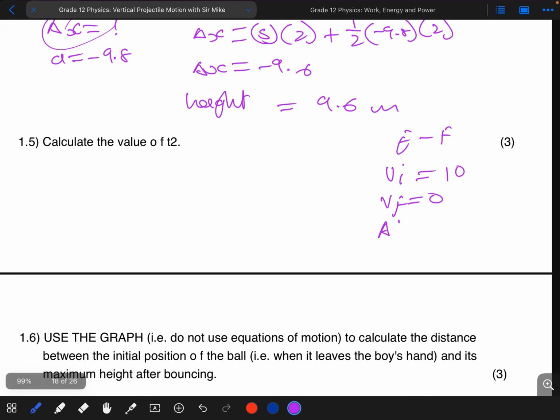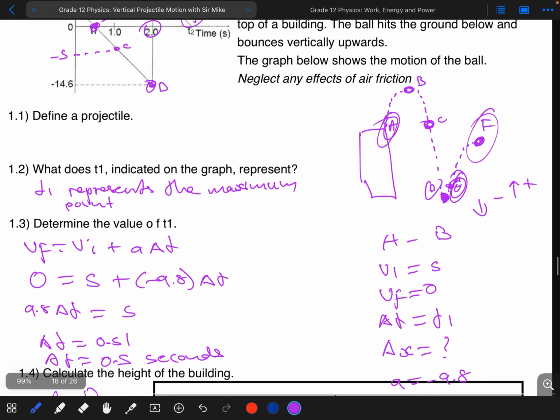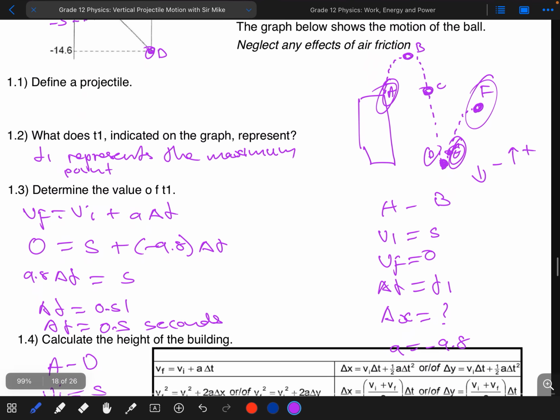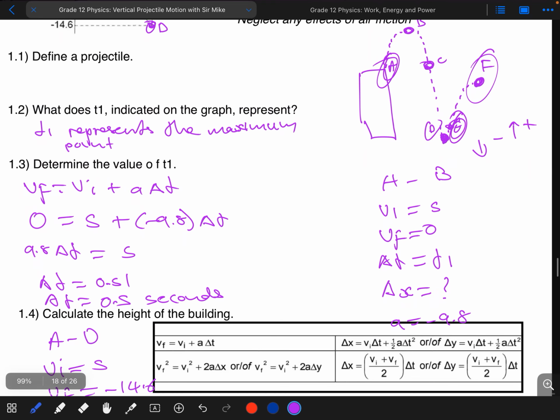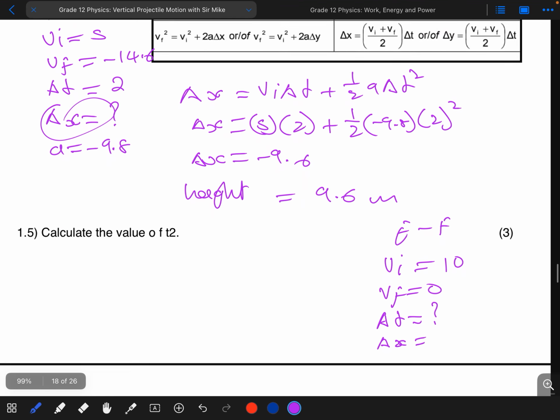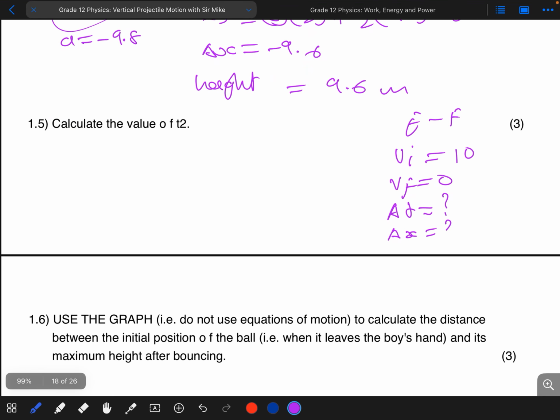Delta t is what we're looking for, so leave that open. We don't know what delta x is, we don't know how high above the ground the object was displaced after its first bounce, so we leave that open. A would simply be negative 9.8.